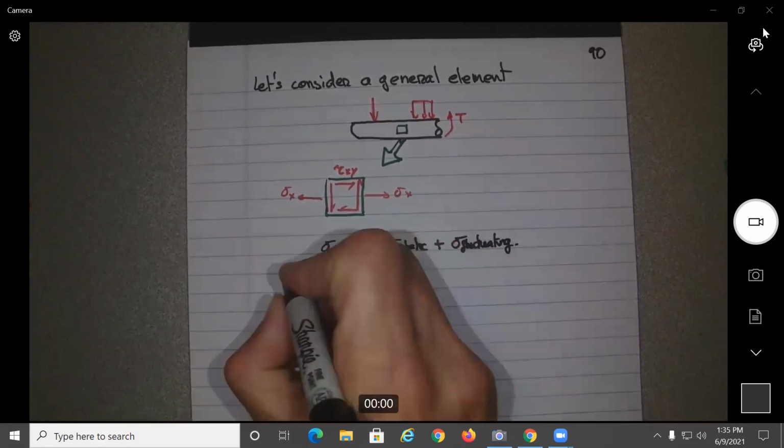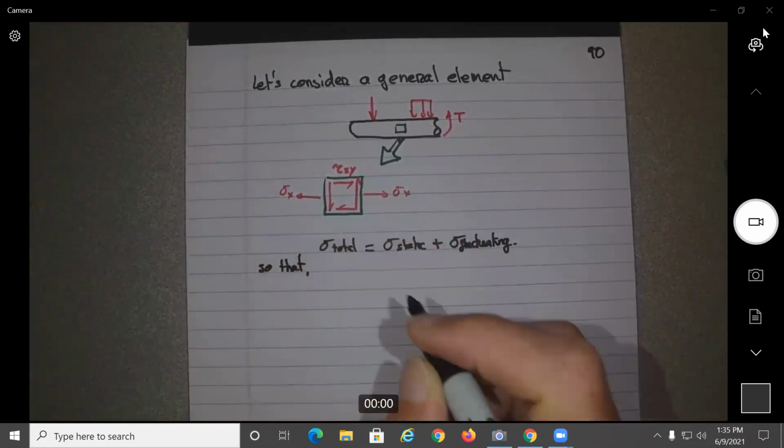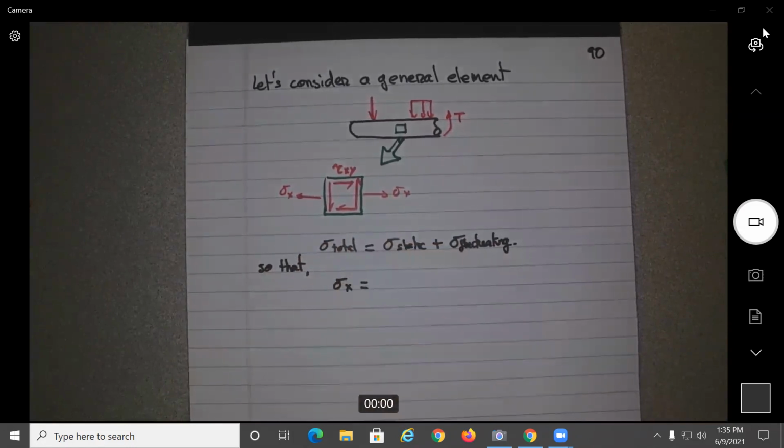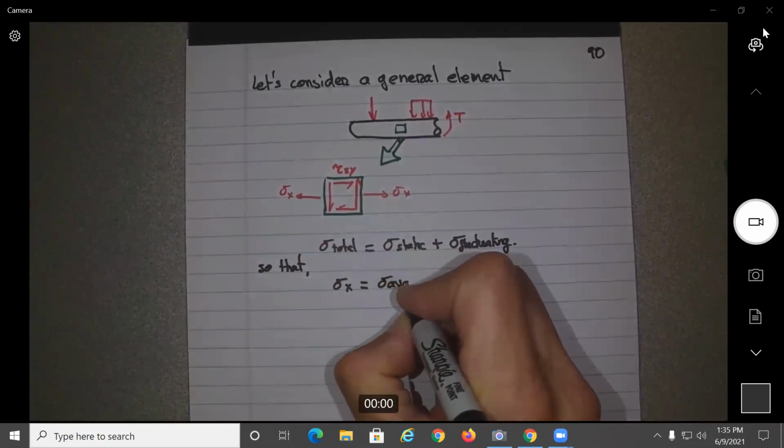So we can have over here sigma x will be equal to the static component. That will be the average stress.